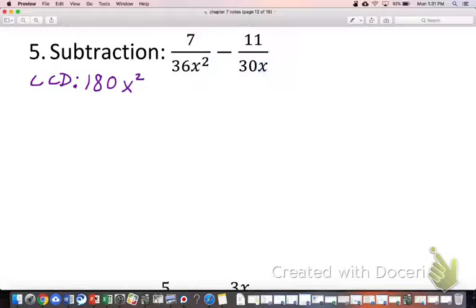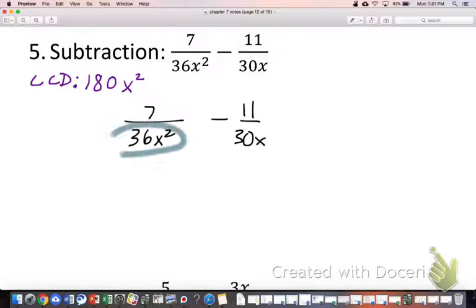So now I've got to think, how am I going to multiply this out in order to get this common denominator? Let me rewrite this real quick. Any ideas? What do I need to multiply 36x squared by in order to get 180x squared?